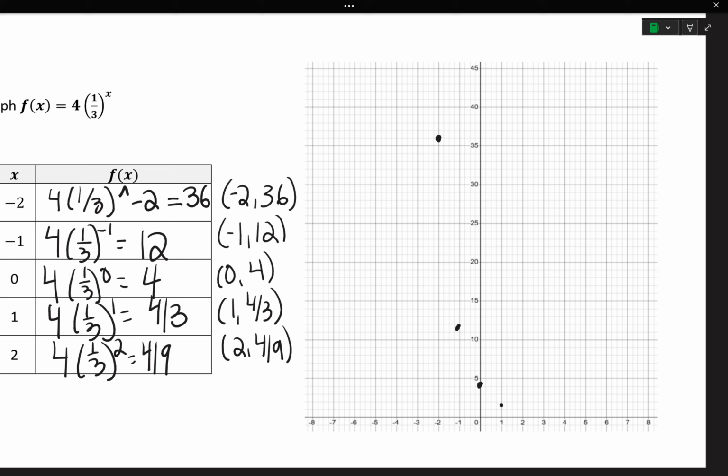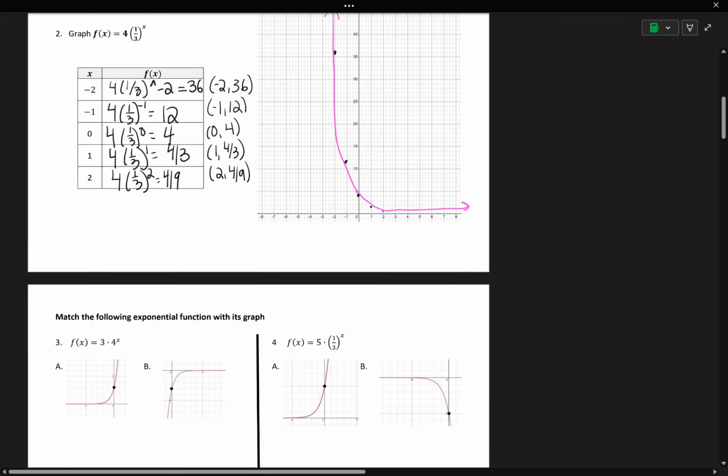And 4/9 is almost a half. If you're not comfortable graphing 4/9, graph 4/3 here. But you should still end up with this swoop. I got the swoop going downwards and flattening at 0. Gorgeous. Onwards we go.